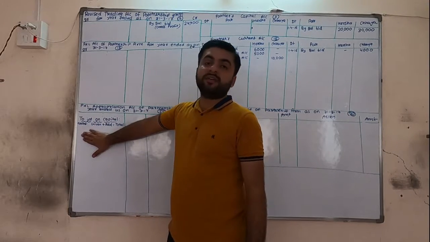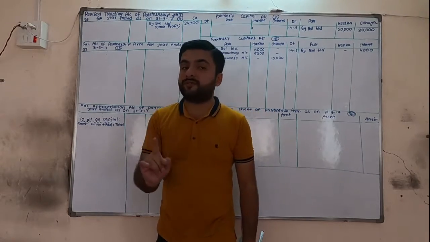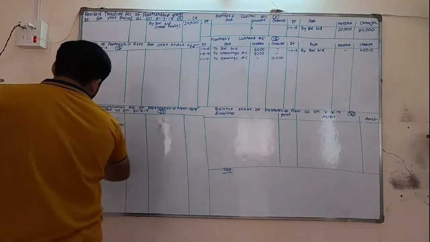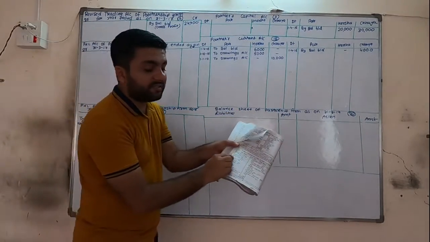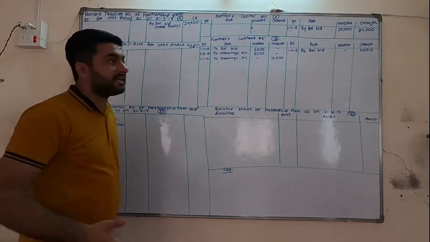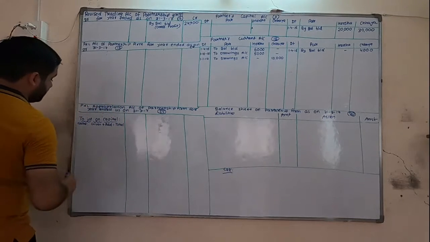And why are we showing it here itself? The reason is simple. What are the two effects for interest on capital? Credit side of current account, debit side of appropriation account. Now in the book, interest on capital is debit, so it should be debit. If it was given credit, then I would have written here. Okay? Yes.